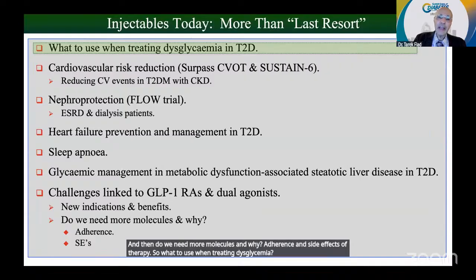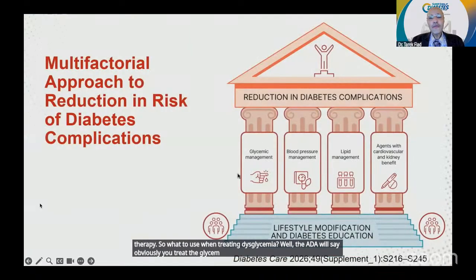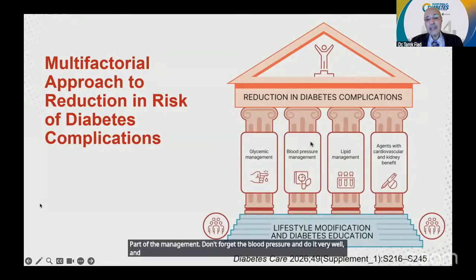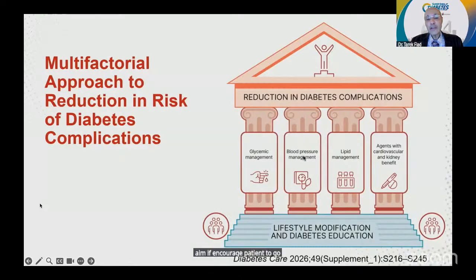Well, the ADA will say, obviously, you treat the glycemia, which is a very important part of the management. Don't forget the blood pressure and do it very well. And the 2026 guidelines will say, encourage the patient to go to less than 120.